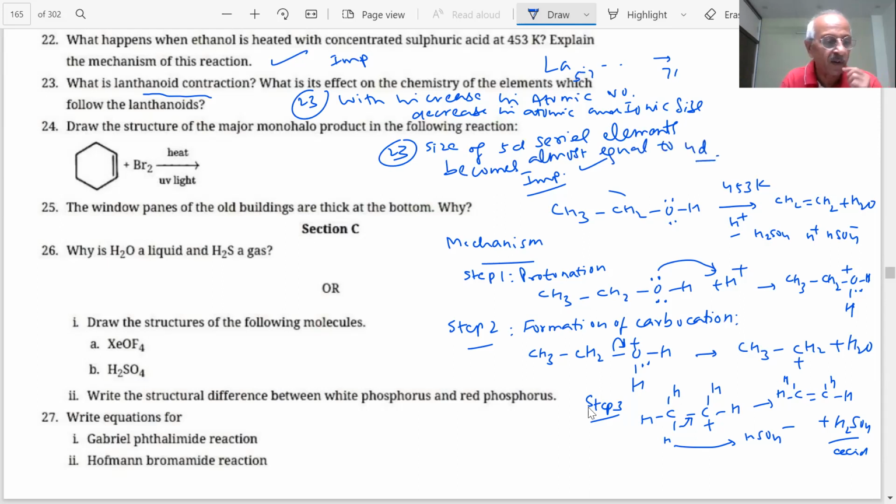You have seen that consequence of the lanthanide contraction. For example, zirconium and hafnium have similar radii, and they have similar properties, and are even difficult to separate because of this reason.